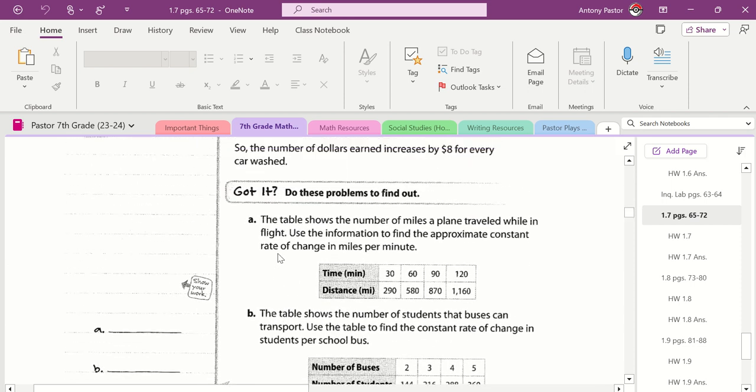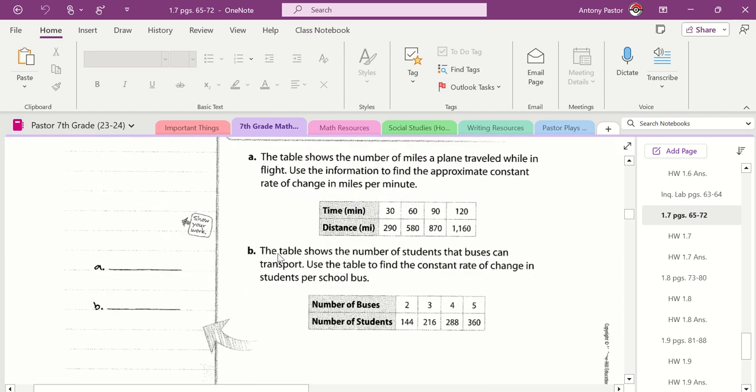Now we're going to go ahead and do these got it problems. The table shows the number of miles a plane traveled while in flight. Use the information to find the appropriate constant rate of change in miles per minute. So the time goes from 30 to 60 to 90 to 120, which means they're each jumping up 30 minutes.